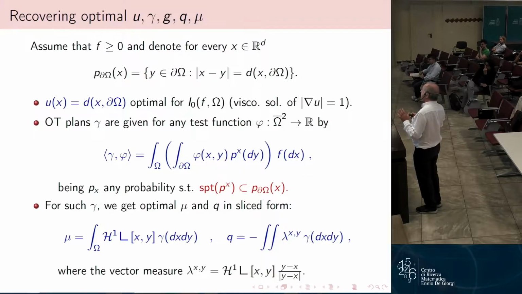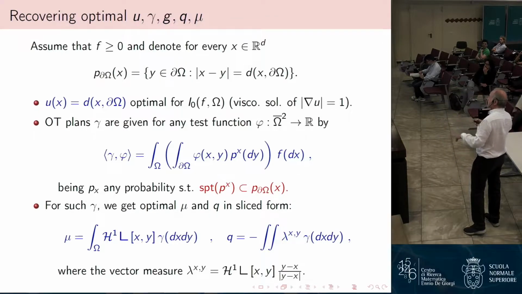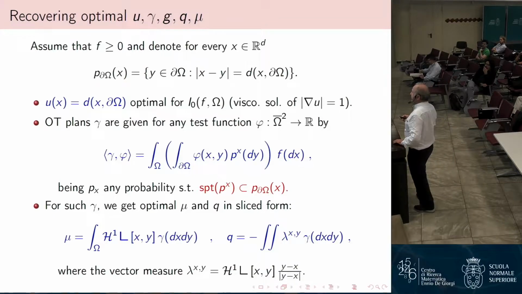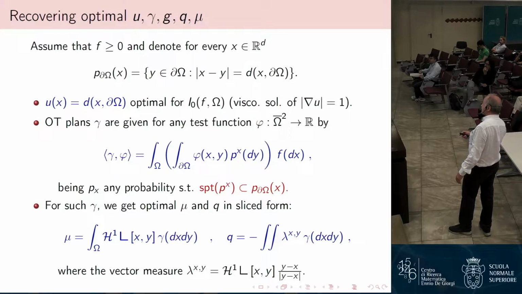It may consist of one point or several points. Several points is important for the following. At each point you associate the set of projections of x on the boundary. Then you are looking for a plan gamma which takes this form. F is the first marginal, and the second marginal is on the boundary, because here you integrate on the boundary. You have to find in this decomposition the optimality condition for Px.